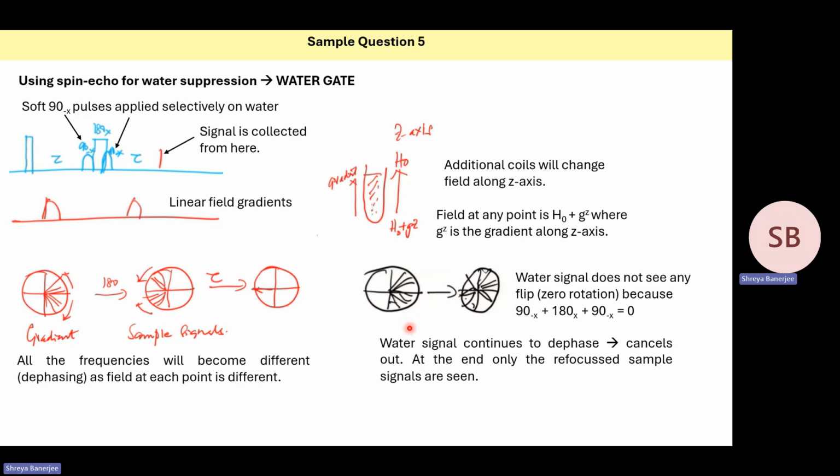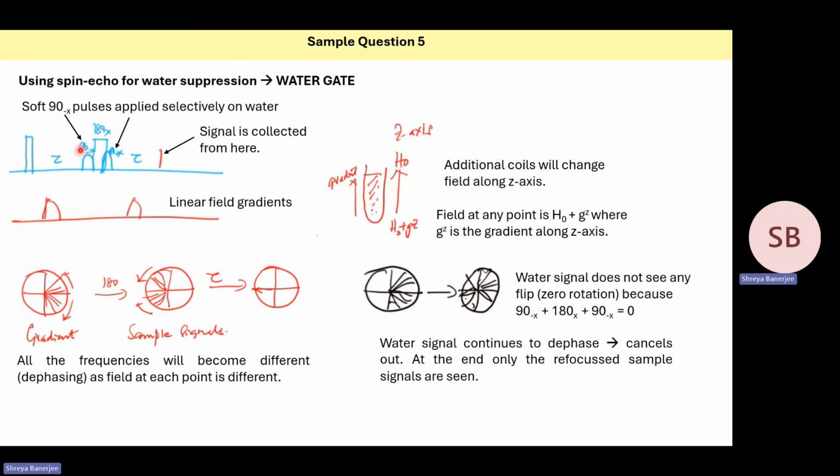because of this field gradient, there is a field inhomogeneity. We know that the total effect of these pulses on water is zero, because water will initially come to the transverse plane like this, but after that it is facing minus 90, minus x, 90 minus x, so 180 minus x and 180 plus x.